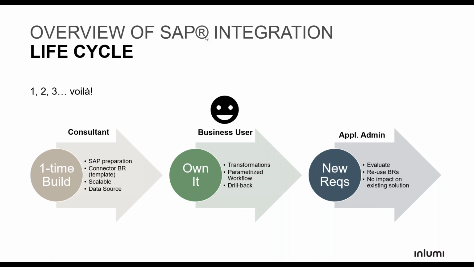We need some SAP preparation that I'll show you later. It's where we define the business rule. And by the way, OneStream provides some business rule templates that you can reuse and change for your source system.